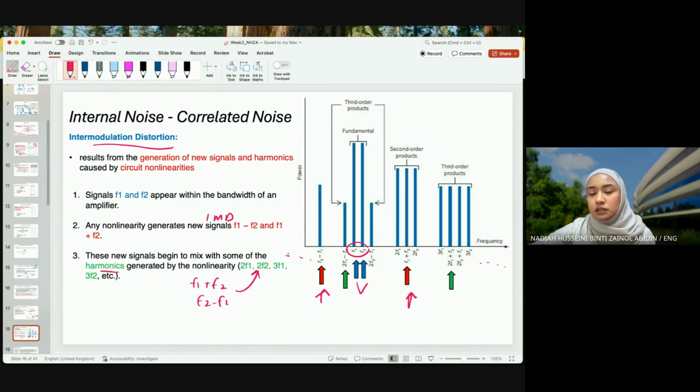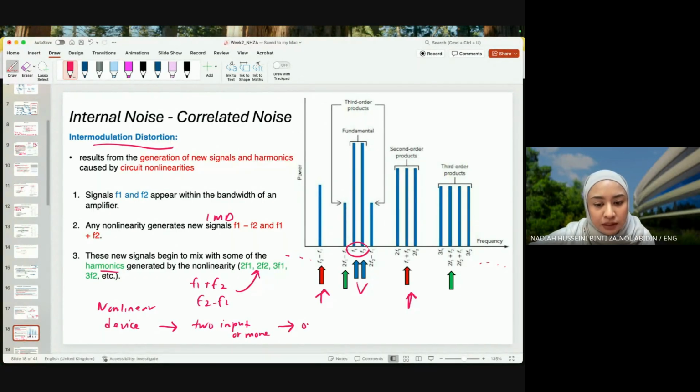Now, there's a question. How do we know our device is nonlinear and causing all this noise? Basically, it's anything that they define as nonlinear. A nonlinear device is anything that takes two inputs, or more, and generates one output.